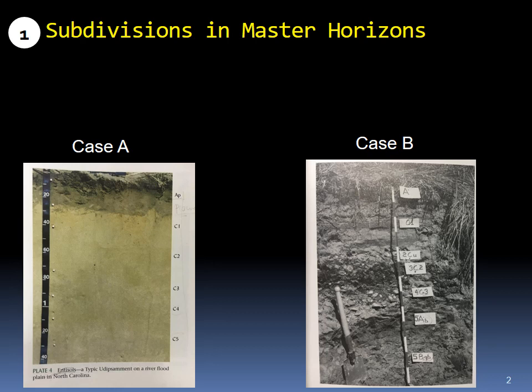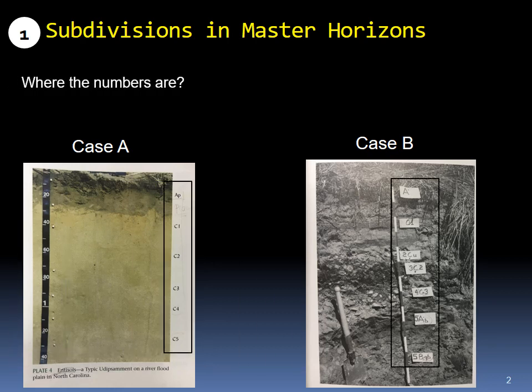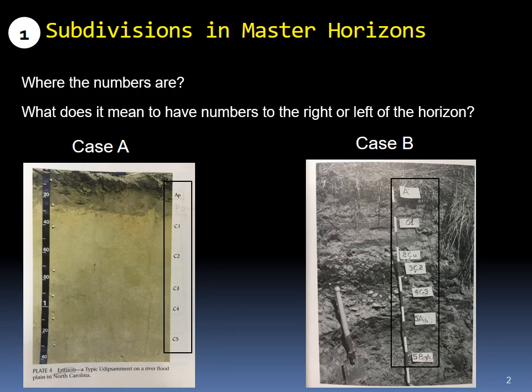So where these numbers exist, you would see those numbers are to the right, and in the other case the numbers are to the left. But what do these numbers really represent, and what do they really tell us about the soil?